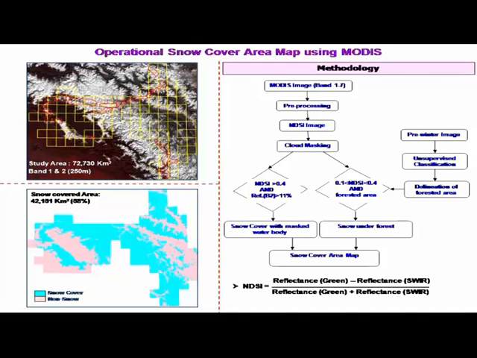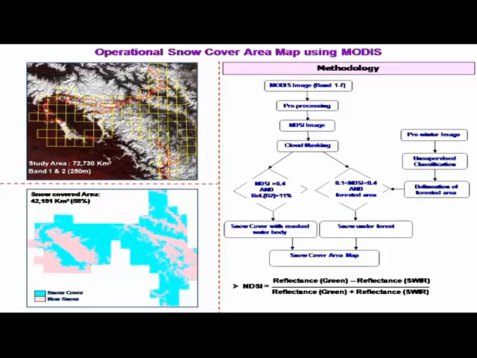We also do this snow cover mapping for the complete northwest Himalaya, and this is again based on the NDSI, and we have made the criteria NDSI greater than 0.4, and the reflectance in band 2, that's the NIR band, should be greater than 11% in case of snow, to discriminate water bodies from the snow pixels.